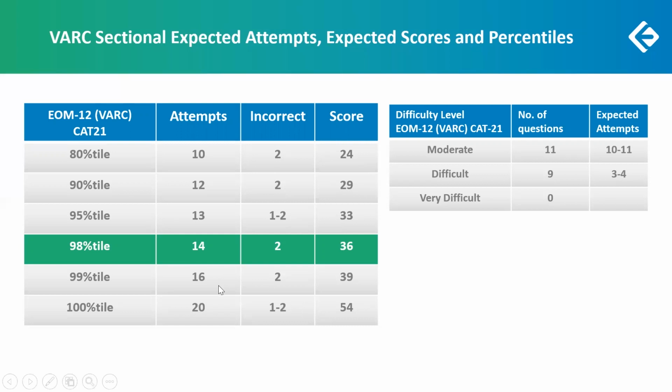Whereas about 16 attempts with about 2 incorrect and a score of 39 fetches you a 99 percentile. The expectation for a 100 percentile is really high here. 20 attempts with perhaps about 2 questions incorrect and a score of 54 is what fetches you the 100 percentile here.